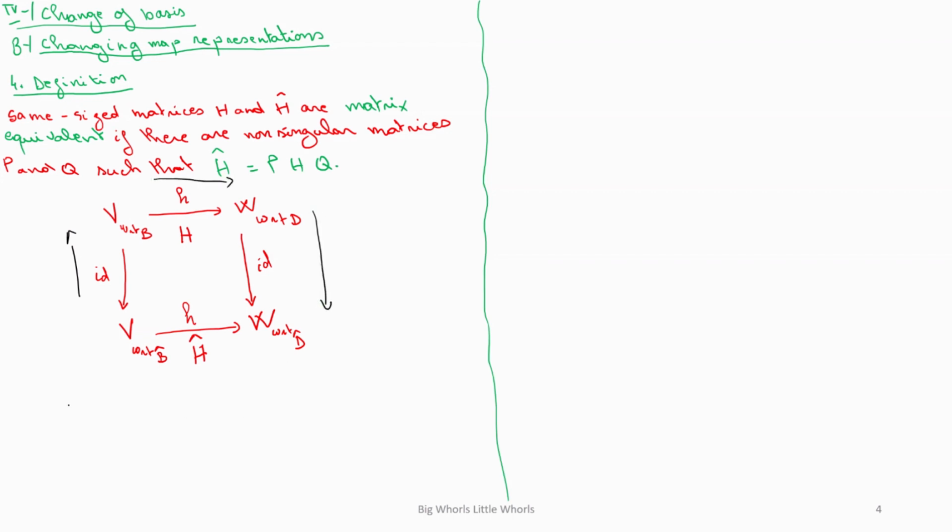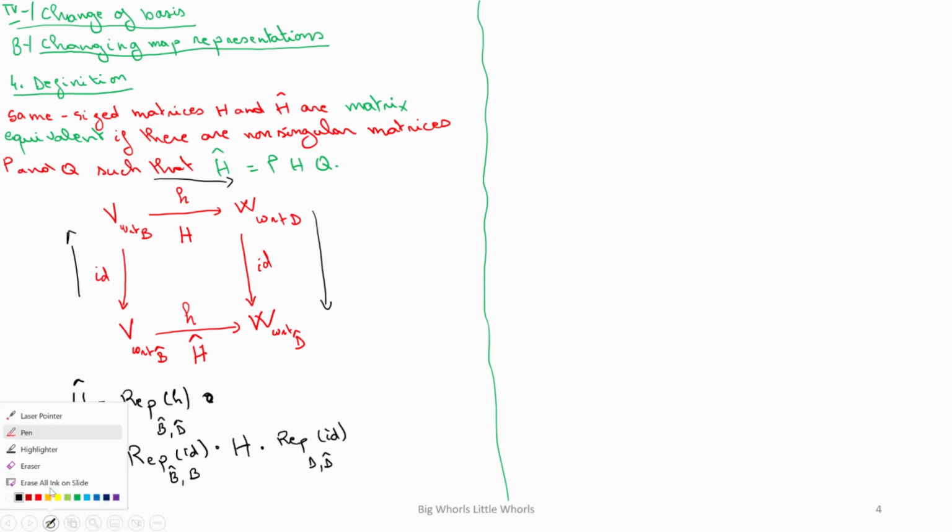So H hat, which is the representation of H with respect to B hat, D hat, is going to be equal to the representation of the identity map with respect to B hat, B, that's up, multiplied by, across, H, multiplied by the representation of the identity map with respect to D hat, D hat. So this is our H hat.